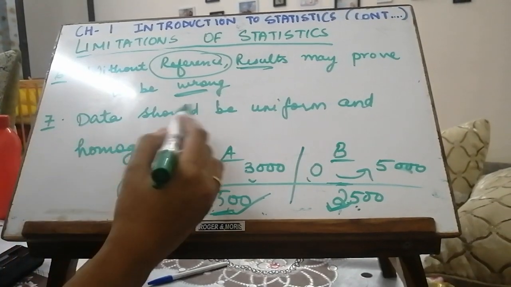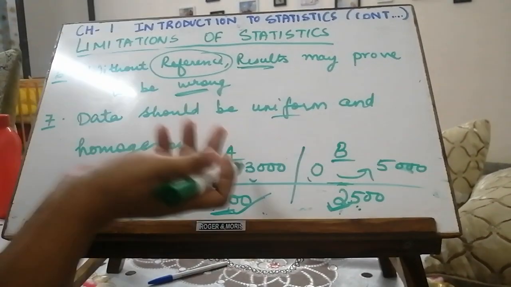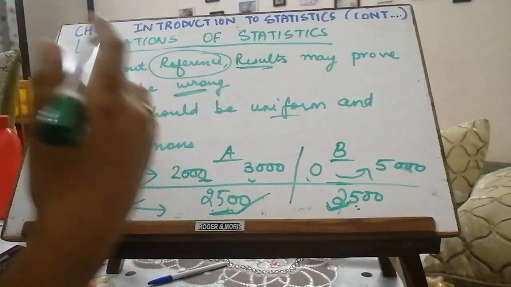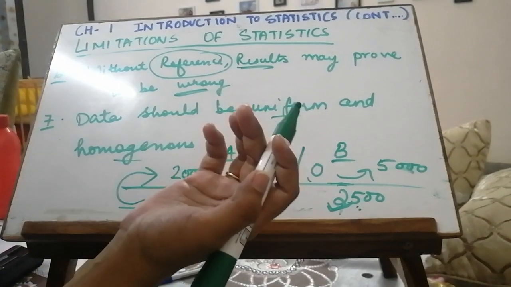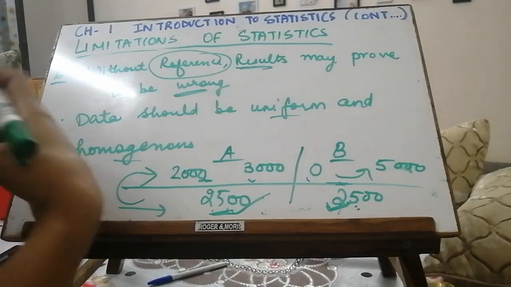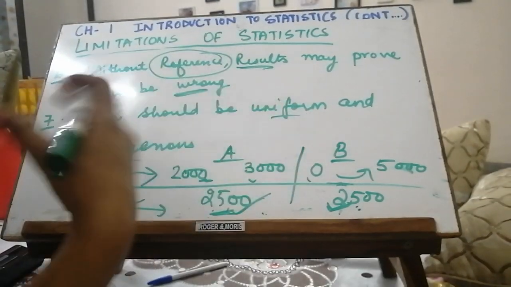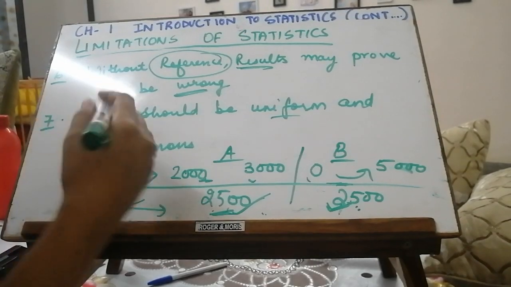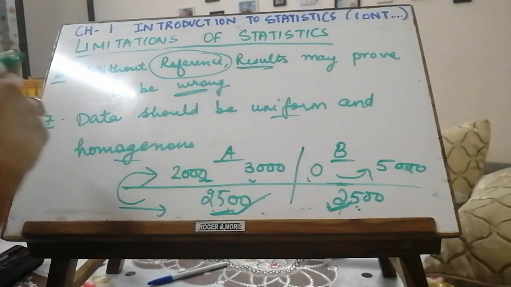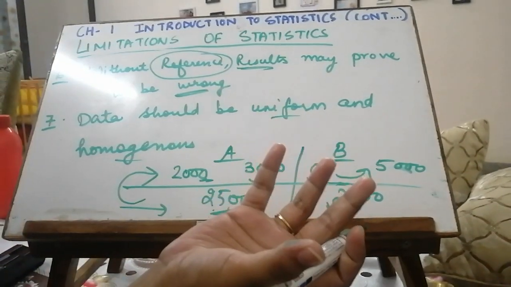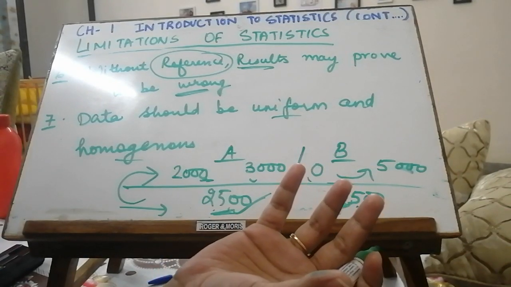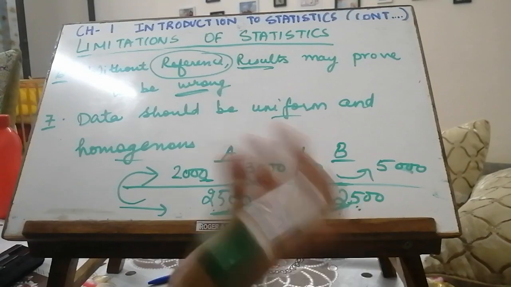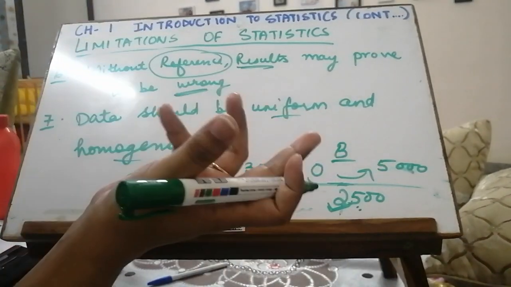Then the last one: data should be uniform and homogeneous. This is a similar point. When I have the data with me, I should be able to compare. Just putting together two totally unrelated things does not work. Health and height, yes, they can be compared.